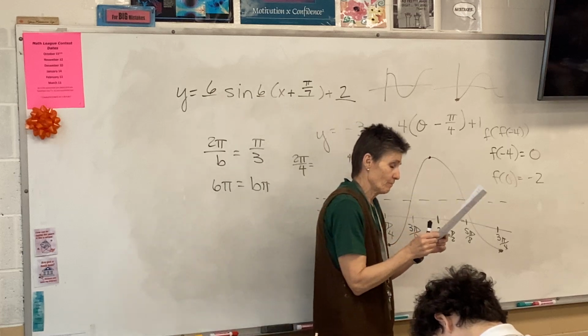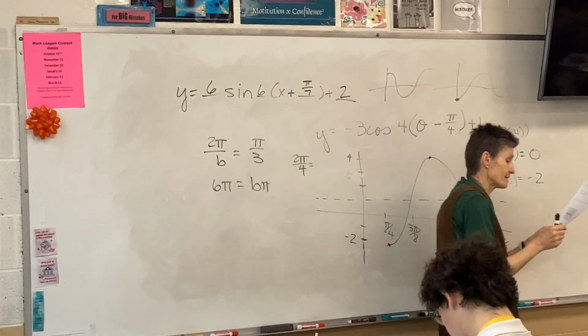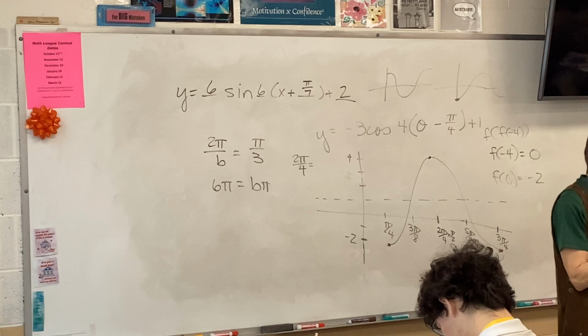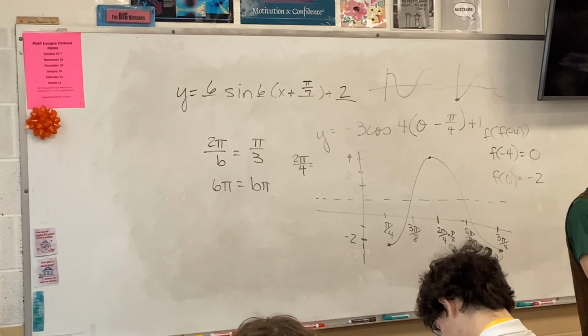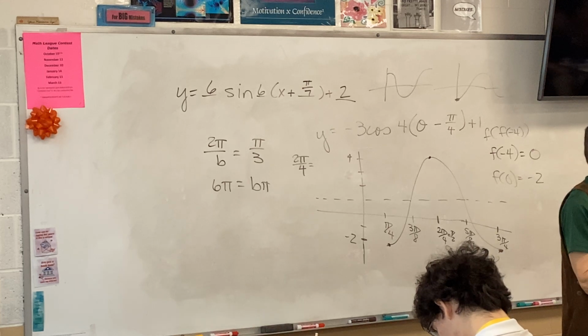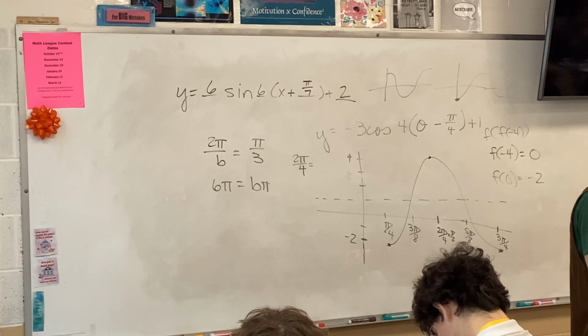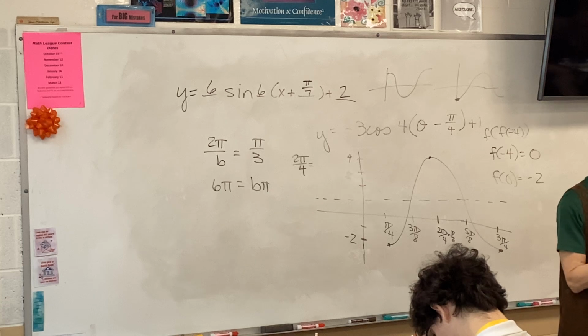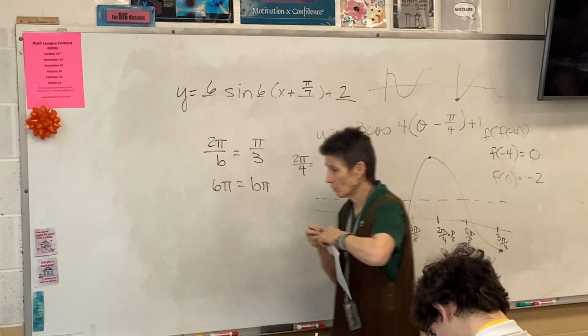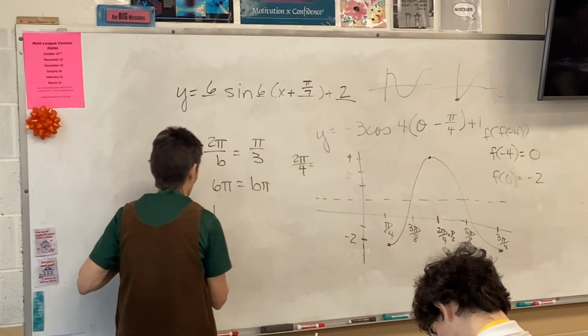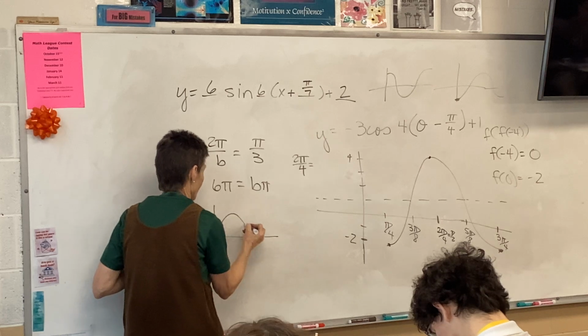On what interval is sine theta increasing and concave down? All right, so I didn't draw it for you. You have no picture. You have to know. What does a sine look like? Just the regular old sine.